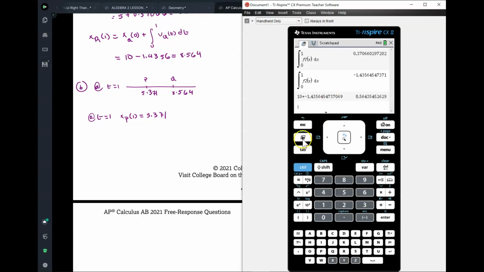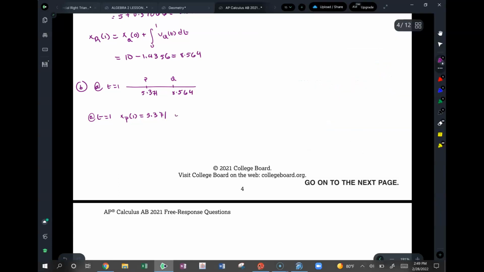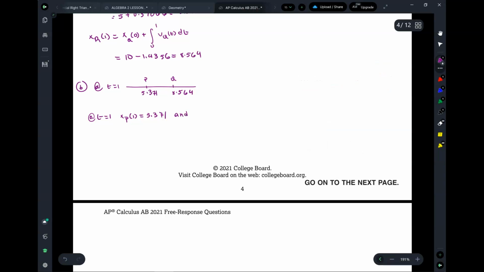If you look at the graph here, the blue one is the velocity of the first one. The velocity is above the x-axis, meaning it has positive velocity. So it's going to continue moving to the right. Vp of 1 is greater than 0, which means it's moving to the right.